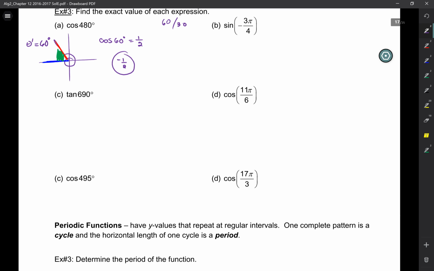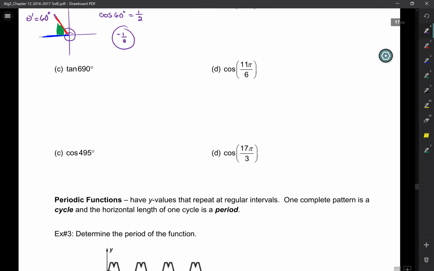Let's do one more. So I have 690. In what quadrant would 690 fall? If I did 360, how much more do I need to go? 330. You're going to have to do this without a calculator, right? So 330 is right there.